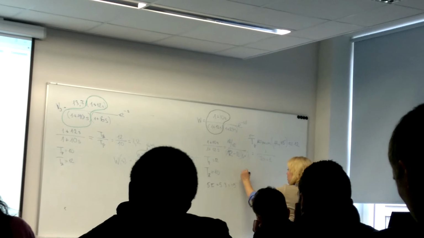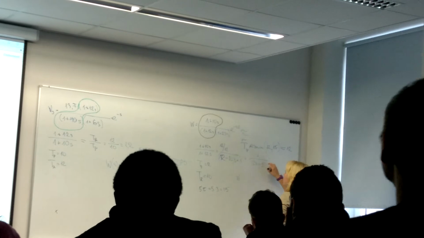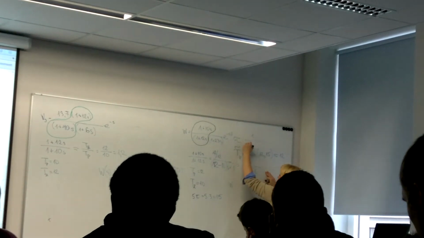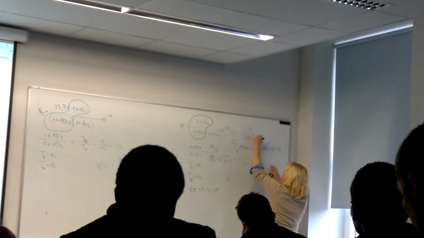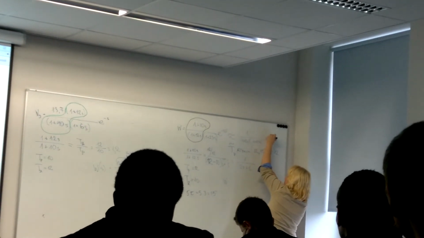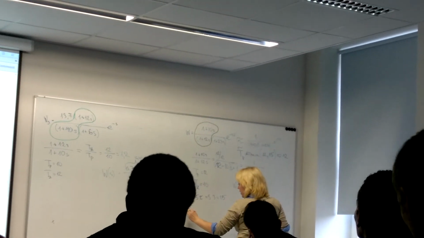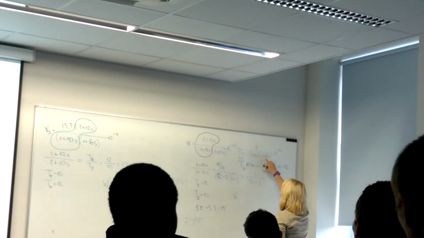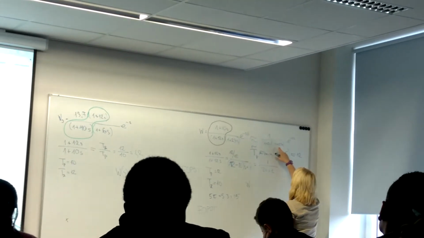So in that case, we can rewrite it like 1 plus 2s and 1 plus 23s, like that. And right now, in order to find the first order plus dead time, we will continue our Skogestad method.